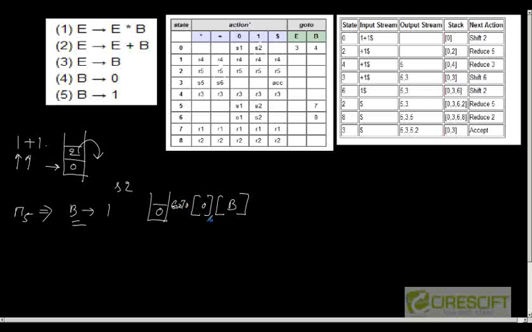In the goto table, you look for the 0th state, and when the non-terminal is B, 0 and B gives state 4. So you will push the state 4 into the stack. Understood?